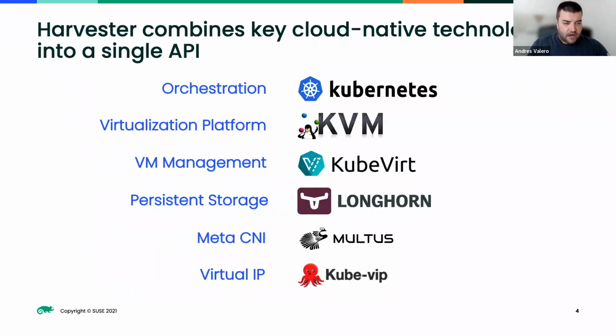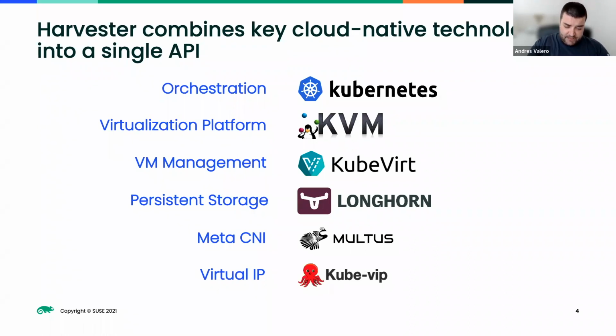So Harvester is the foundation of today's talk. So I'm going to start telling you a little bit about Harvester. Harvester basically presents a lot of cloud native technologies in a single API.